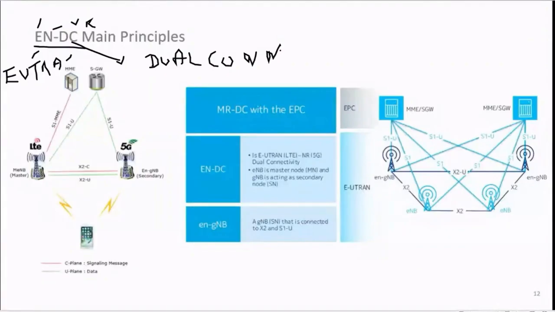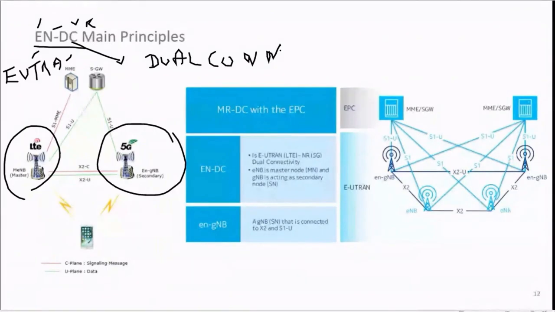So what are the main principles? First of all, as I said, EN-DC stands for E-UTRA and new radio dual connectivity. It allows user equipment to connect to an LTE eNodeB that acts as a master node and a 5G gNodeB that will act as a secondary node. And it is typically used to boost the capacity and the data rates for end users.